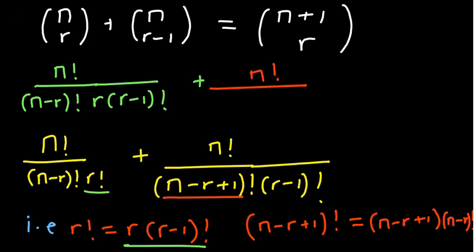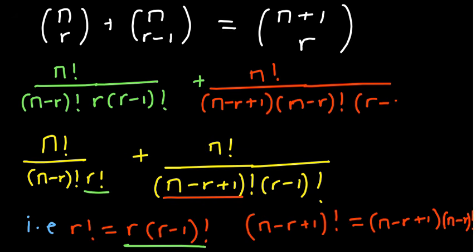Okay, so it's equal to n minus r plus 1, and then if you reduce it by 1, it gives you just n minus r factorial. And then don't forget you have r minus 1 appearing as well. So I've just substituted on the part where I've got r and the part where we have n minus r plus 1.